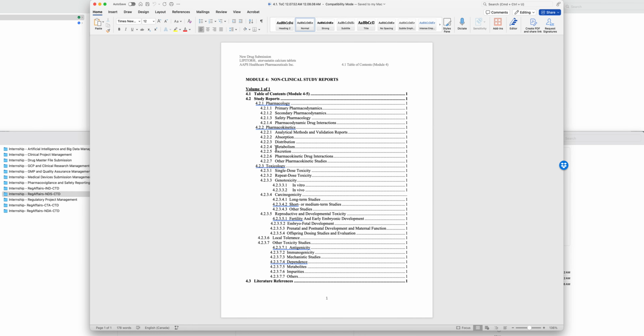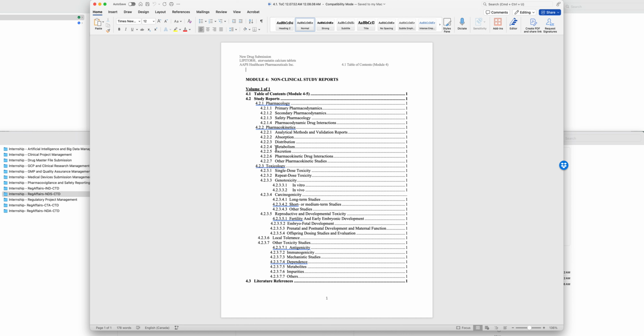This is where we are going to start giving information to scientific reviewers and officers in regulatory authorities in different countries. And this is related to animal studies. As you see, we have the study reports, where in each folder or subfolder, we can call them modules and submodules, we can add all of the study reports.